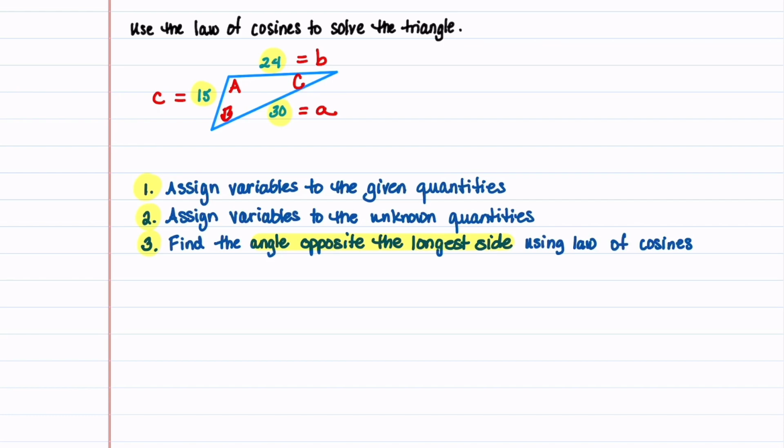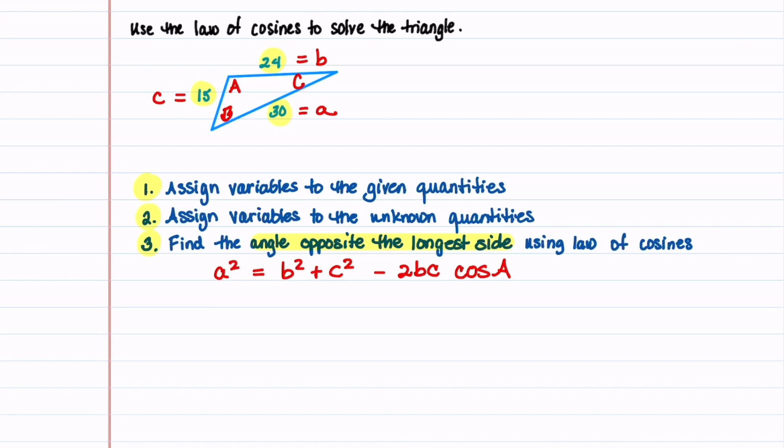This is going to be angle A. We'll write the law of cosines as A squared is equal to B squared plus C squared minus 2BC cosine A. And that's the angle that we need to find.